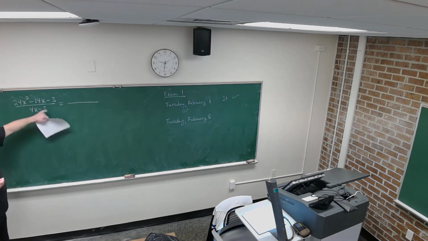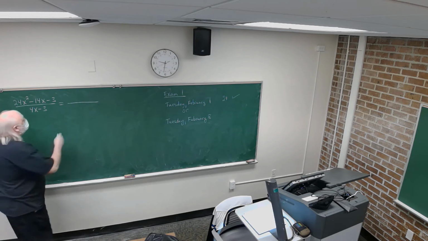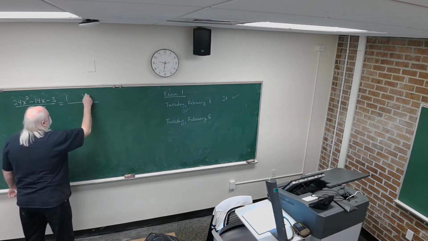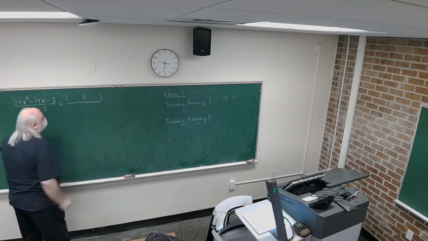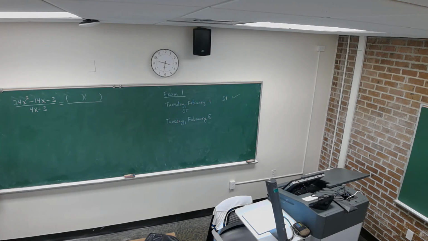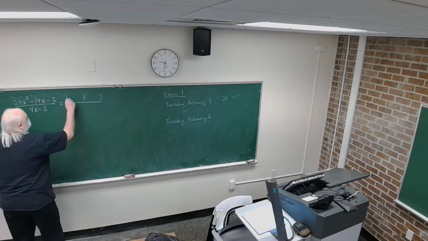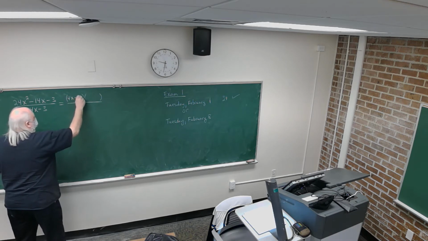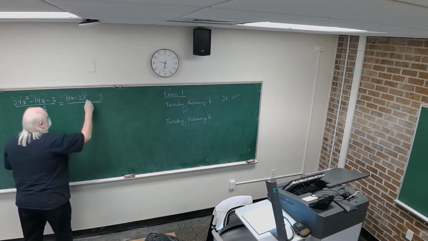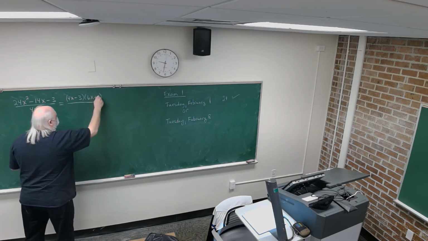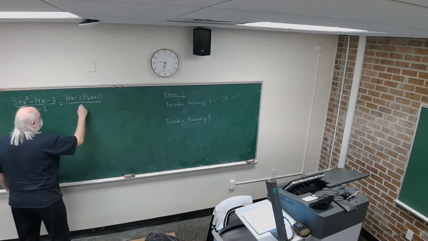This is a quadratic, and it so happens we can factor that numerator using integers. 24x squared minus 14x minus 3 factors into 4x minus 3 times 6x plus 1, and then the denominator we have 4x minus 3.